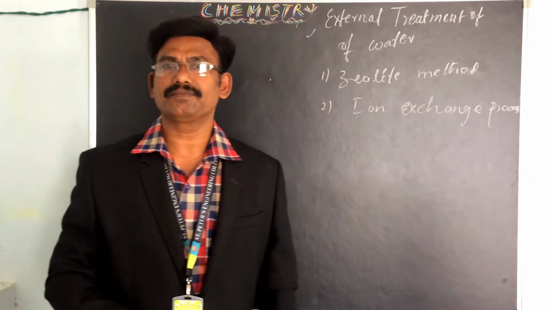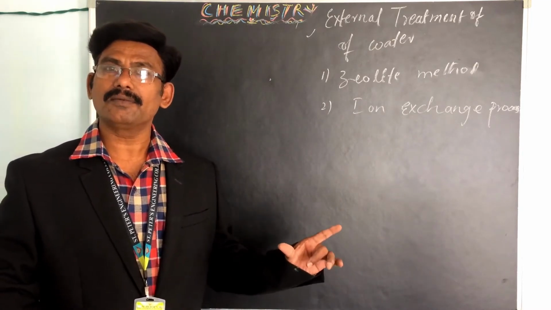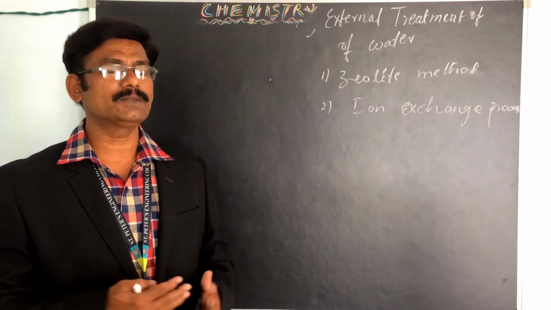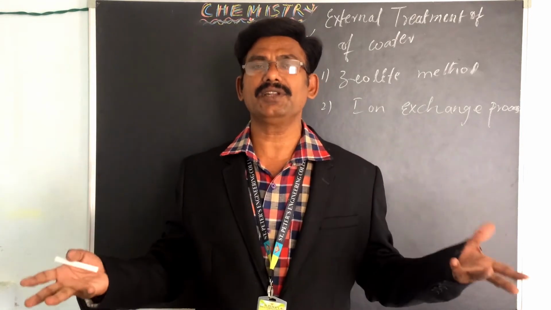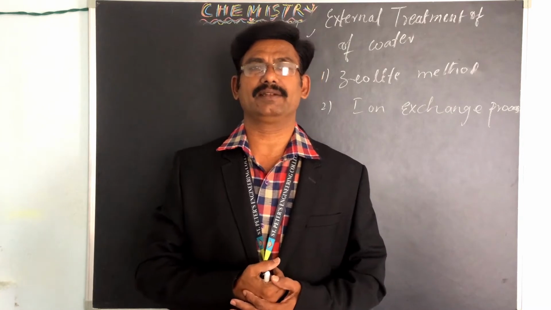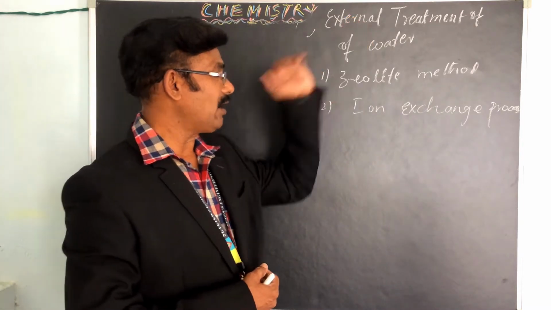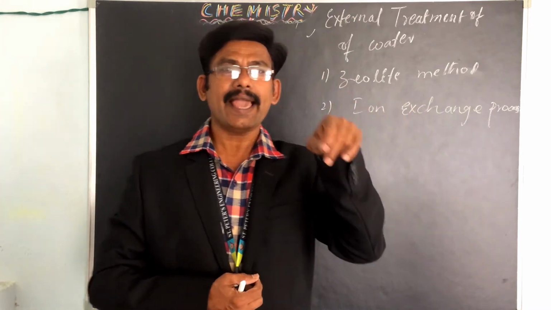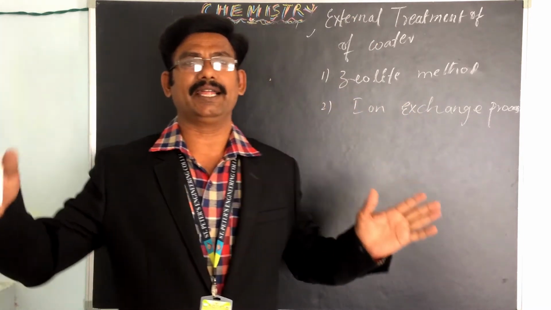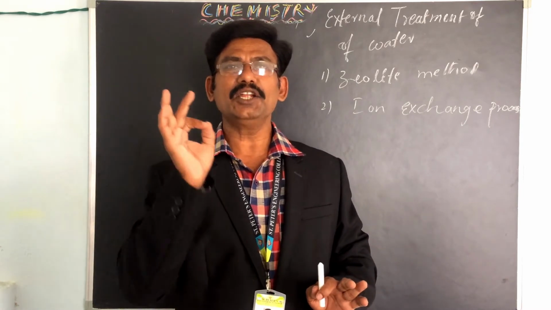These two are very useful for the purification of water by the external method. So, in the last class internal treatment, today external treatment, outside. Now, we don't add any chemical directly into the water.